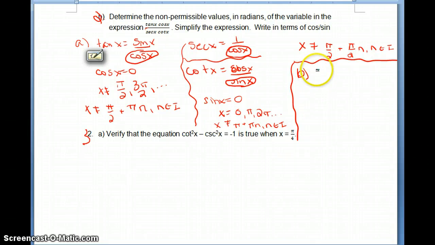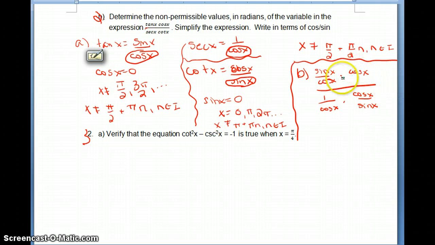So tan of x can be written as sine of x divided by cosine of x, multiplying with cosine there. And this is all divided by secant of x, which if you flip that over is cosine of x, times cotan, which is cosine of x divided by sine.